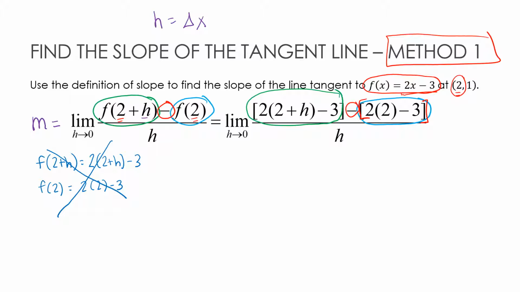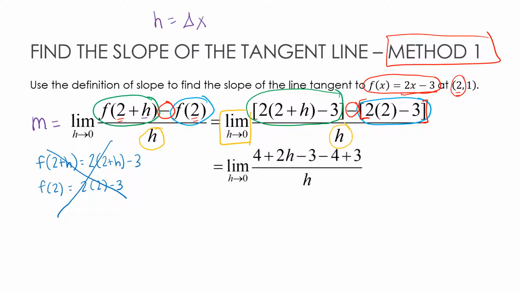From here, it's really just algebra, but I do want to point out to you that I'm going to continue to write the limit as h approaches 0 until I'm able to directly substitute in 0 for h to find the limit. And as you can see, I couldn't have done it here, because if I plug in 0 as the denominator, I'm dividing by 0 and it's undefined, and that continues to be the case. So as soon as I'm able to somehow reduce so that h is not in my denominator, then I'm going to use direct substitution. So let's take a look at my next step.